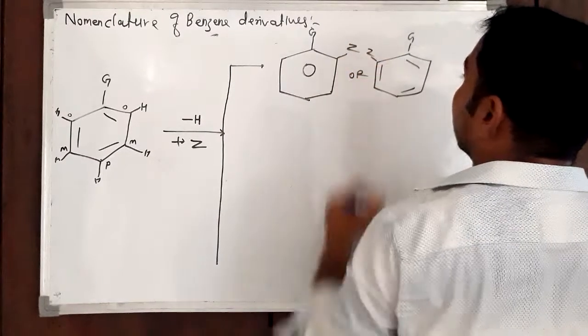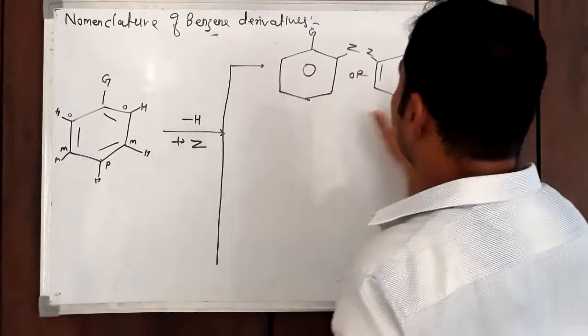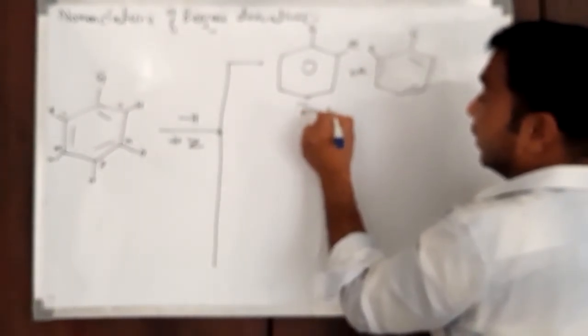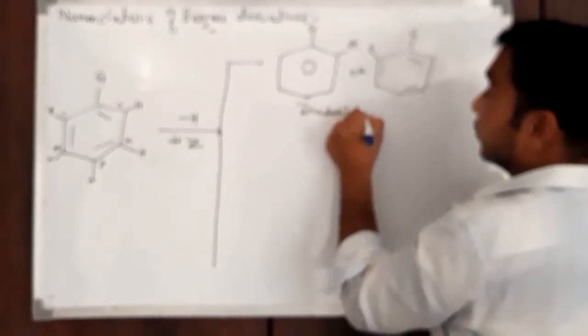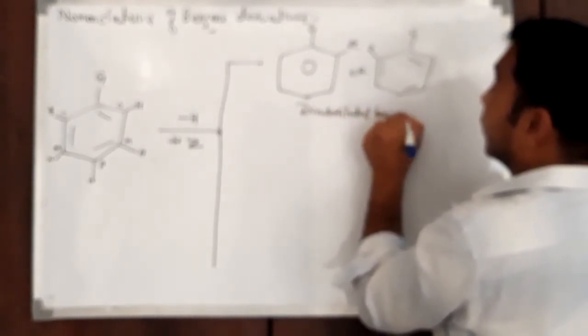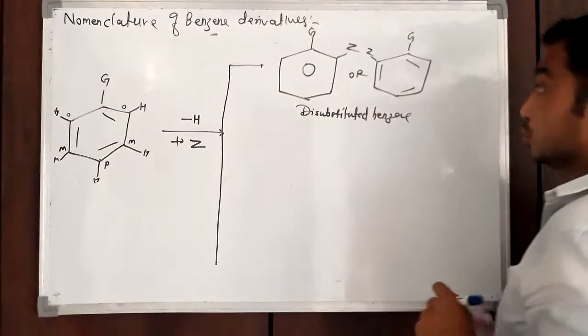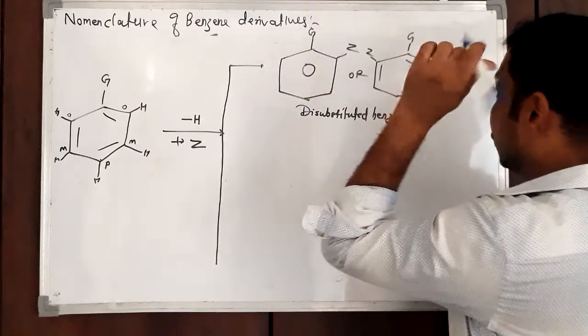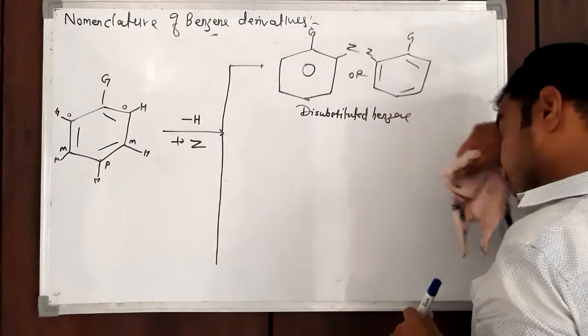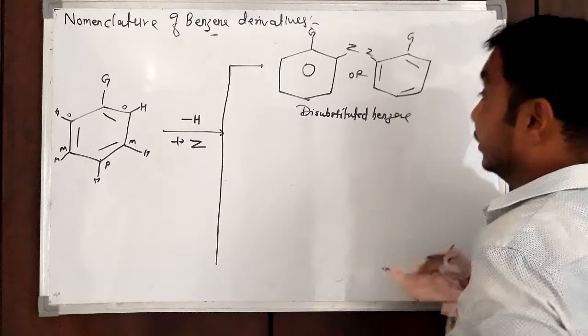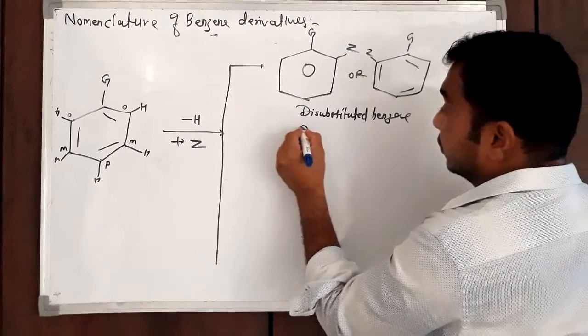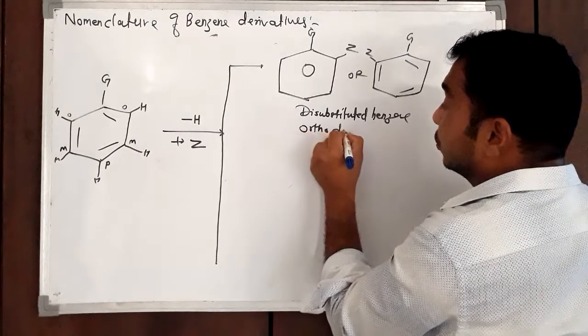One and the same thing; this structure is identical. This is called disubstituted benzene, ortho disubstituted. Z is at the ortho position with respect to G. Therefore, it is the ortho product.